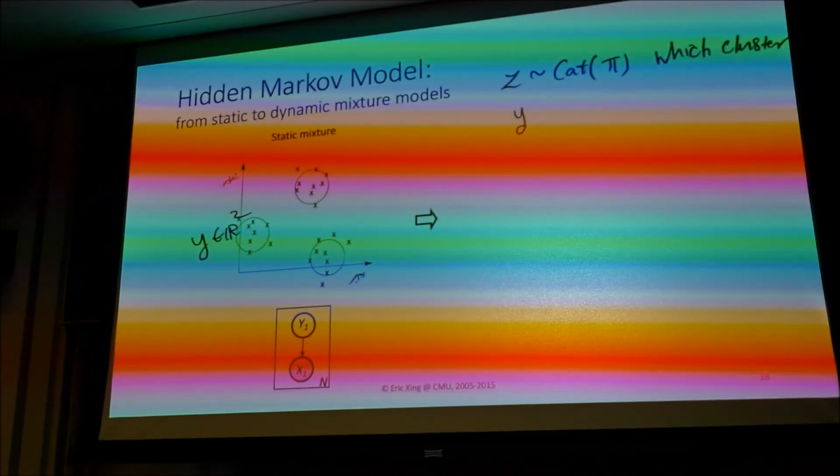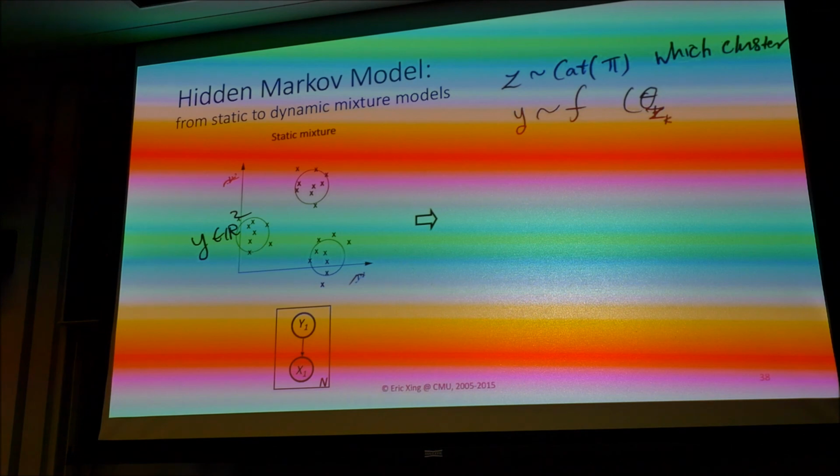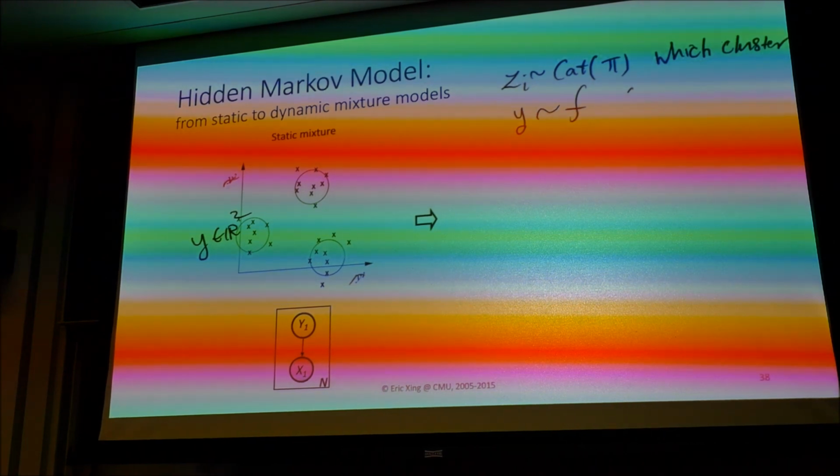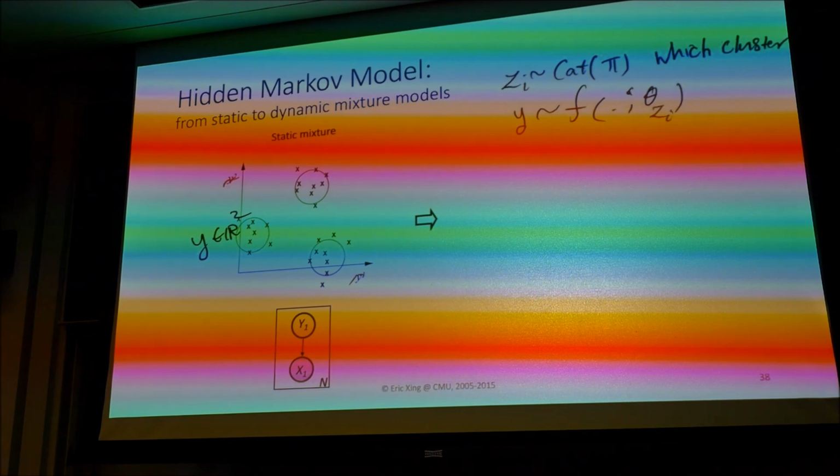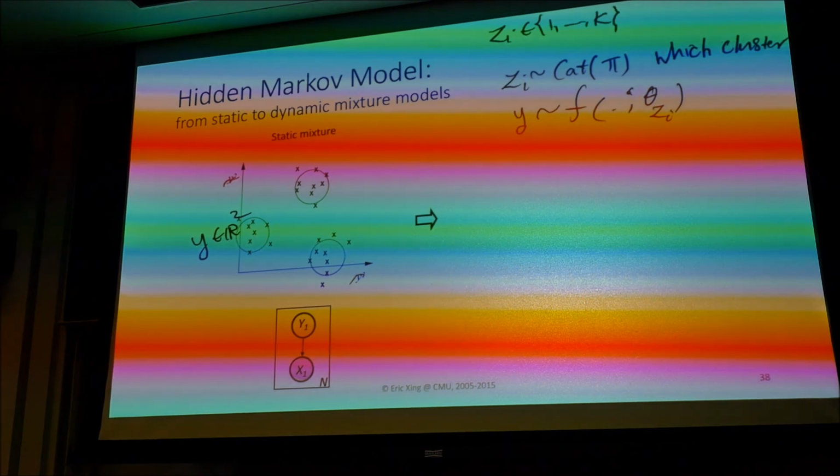So Y can come from some distribution that has parameter theta of Z_i. So Z_i can become one of the values 1 through K. In this case, K is 3, and theta is just the parameter of the cluster.